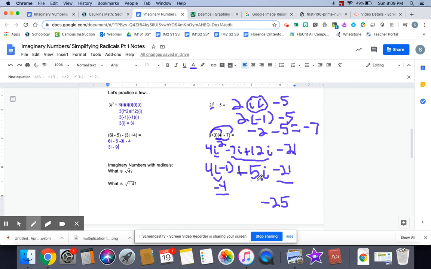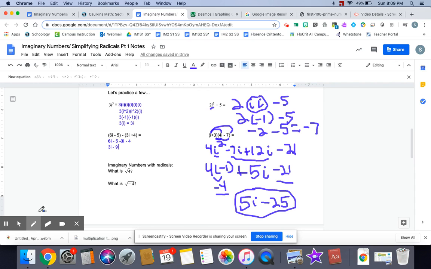And then I still have this plus 5i that I can just bring down in front. So my answer is 5i minus 25. So this expression up here, parentheses i plus 3 times parentheses 4i minus 7, is the same thing as, after you solve it out, 5i minus 25.